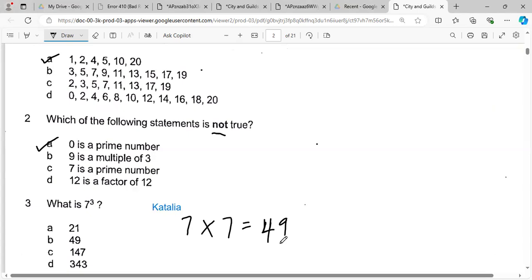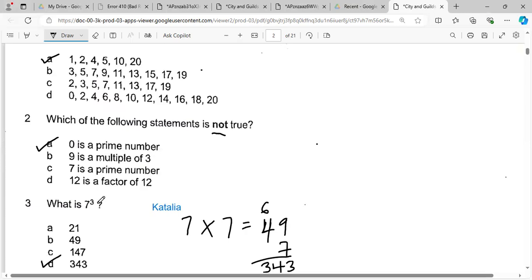Very good. So it's 3 times, right? 7 nines are 63. 7 fours are 28, plus the 6 gives you 34. Very good. So that will be 343.